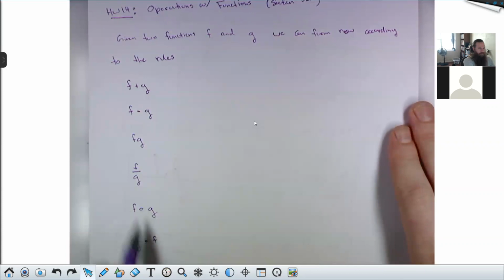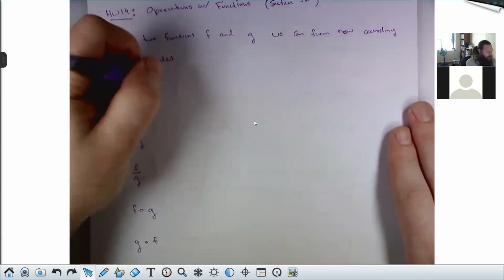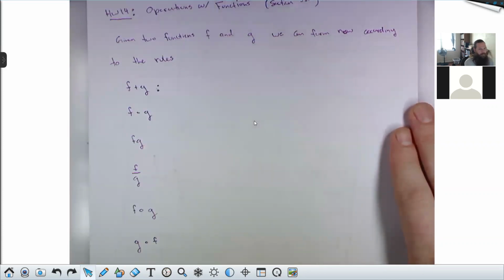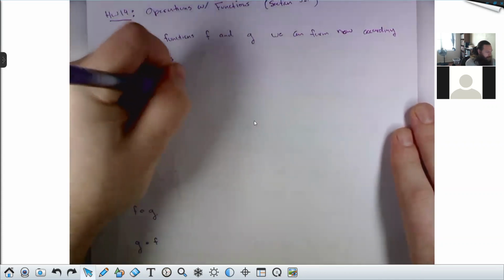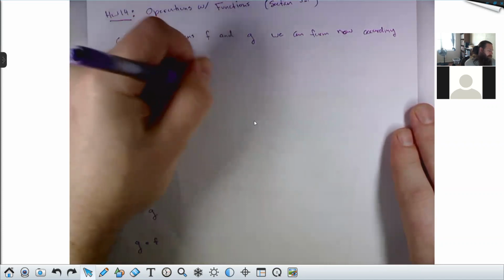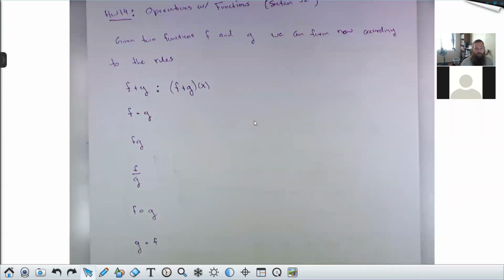The latter two are the fun ones, but in order to build up to those, we're going to go through these. The function f plus g is defined by the rule that f plus g of x... So how do you define a function? I have to tell you what it does to every input. If you know what any given function does to every input, then you know what that function is.